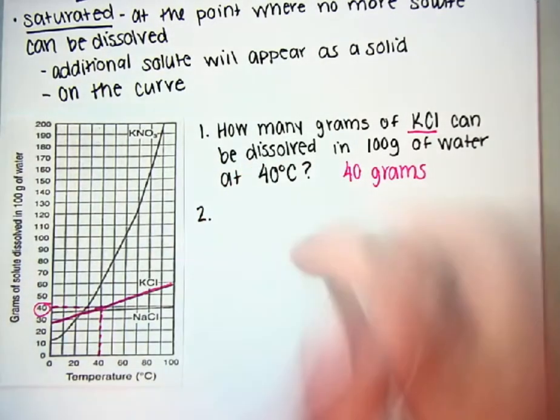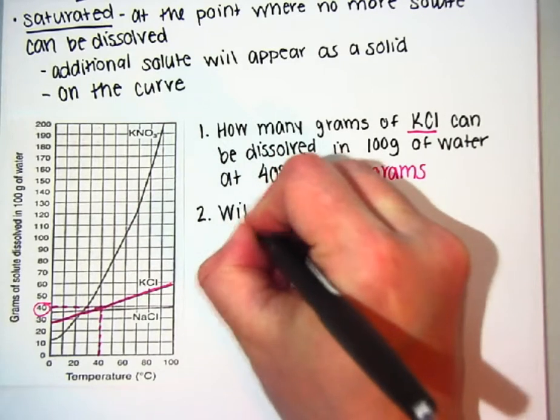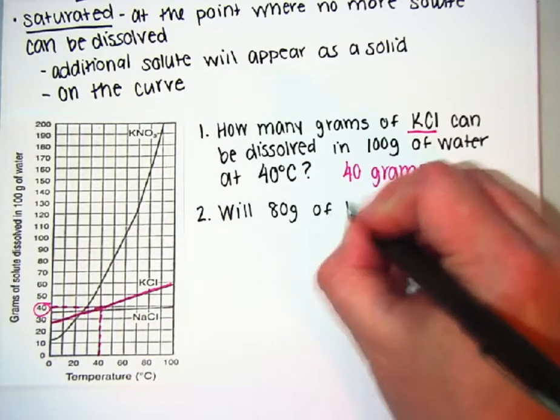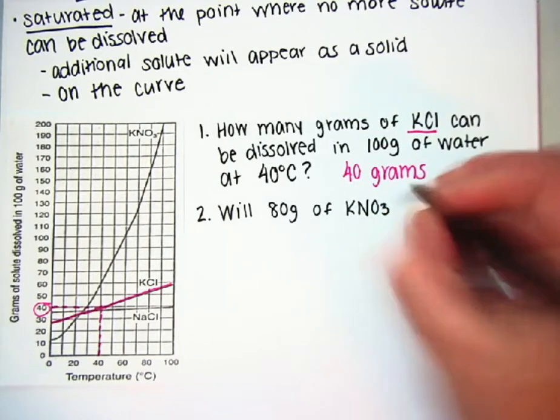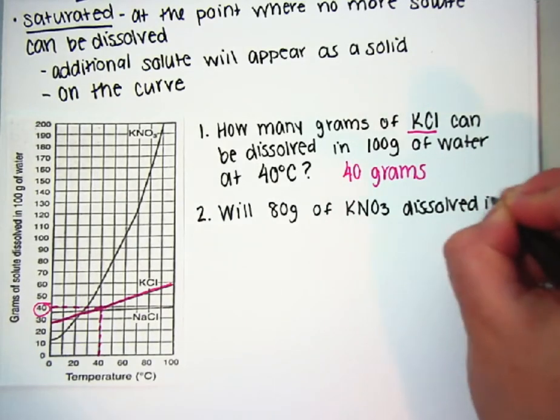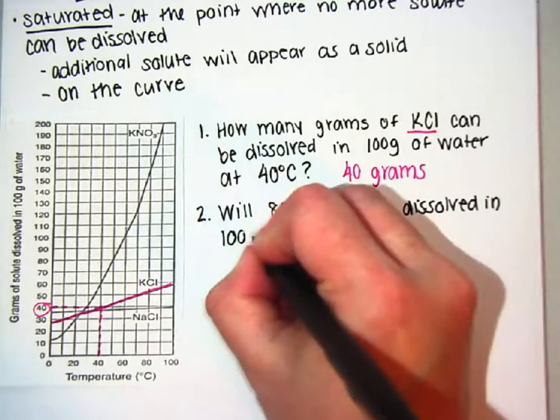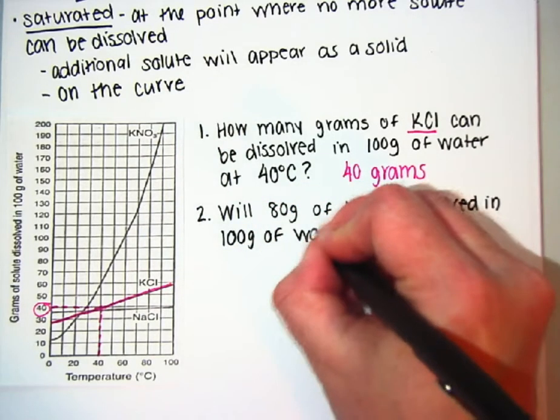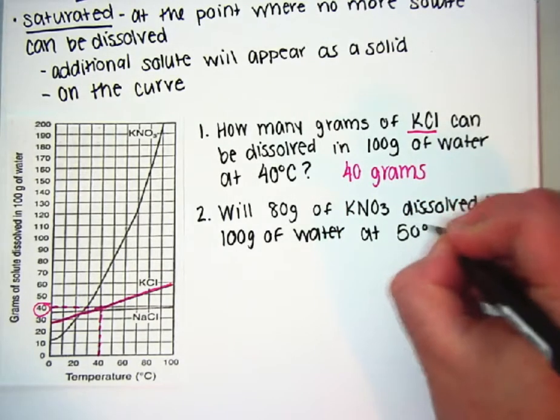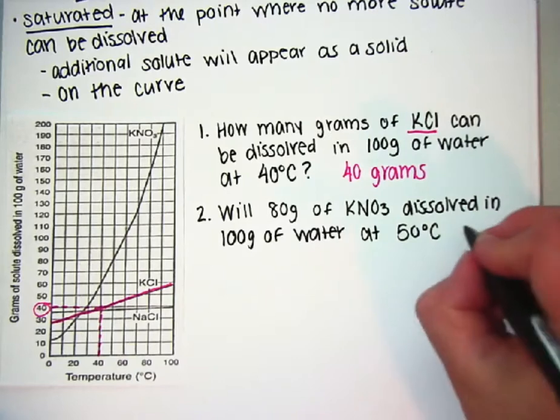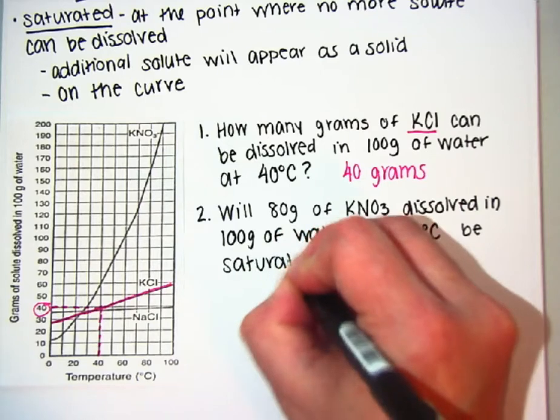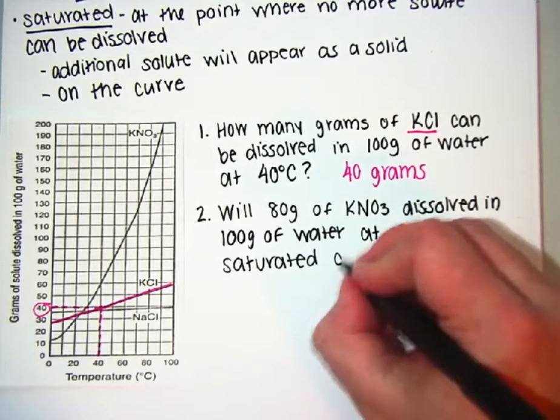Question number 2. Will 80 grams of potassium nitrate dissolved in 100 grams of water at 50 degrees Celsius be a saturated solution or unsaturated?